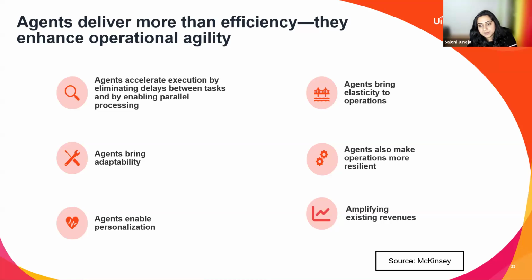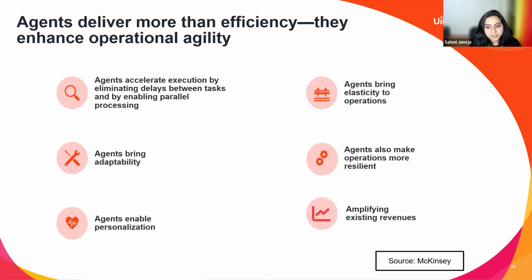You will see that there is a peak in volumes, maybe at the month end or year end. So this can be adapted in terms of how they're looking at the workload. They tweak over a period of time to achieve what is required, which might not be a possibility even for a human resource in real time.